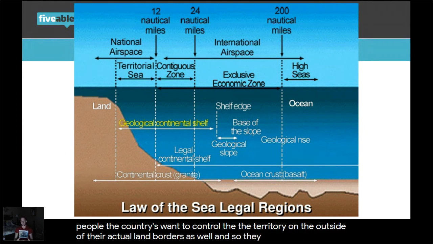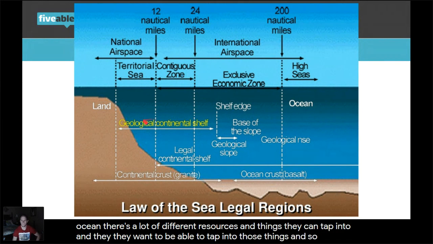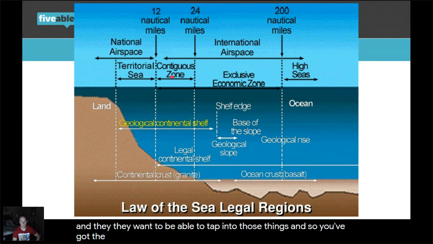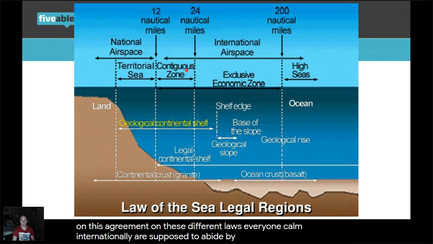And so if they have access to the ocean, there's a lot of different resources and things they can tap into, and they want to be able to tap into those things. And so you've got the law of the sea. The United Nations gets together. You got this agreement on these different laws that everyone internationally is supposed to abide by. All right, no matter where you are.